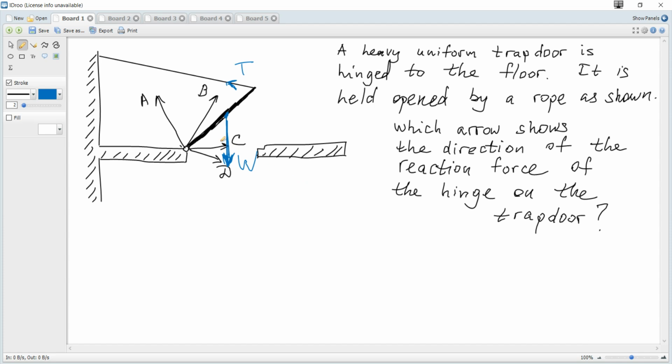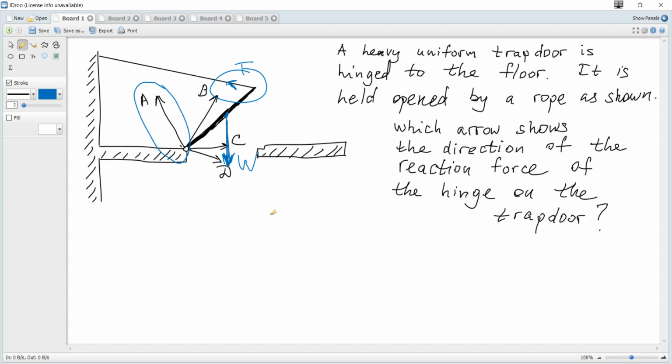And we can see that tension has a horizontal component to the left, weight is vertical, and the reaction force has 0 horizontal component. If we consider A, you can see that A has a horizontal component of this force to the left, and there would be a resultant force to the left, which is not true because this object is in equilibrium.